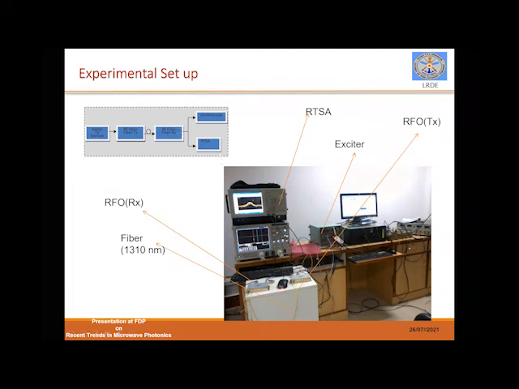And the signal is then monitored with the help of an RTSA and oscilloscope. So the same thing only I am showing here. From an exciter, the signal is converted to optical with the help of the RF transmitter. Then it is passed through the fiber and the signal is converted back to RF with the help of the RF receiver. And then it is passed to this RTSA as well as the optical oscilloscope for evaluation purposes.